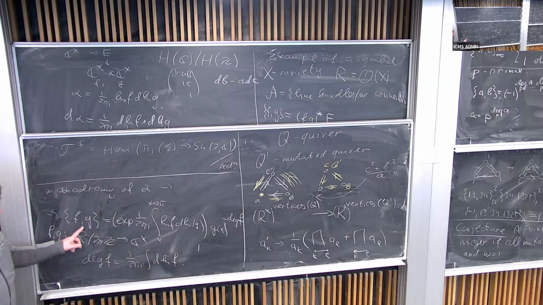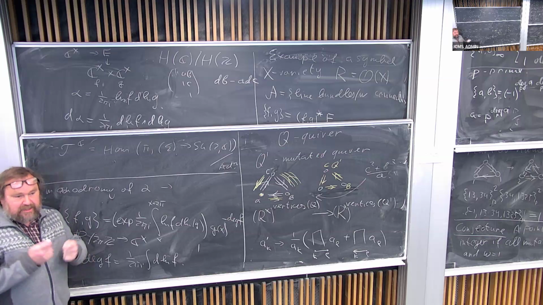And this is also a symbol, just because my line bundle is a symbol, so f and g is a symbol. And this symbol can be considered as a cocycle on the group of functions on a circle.